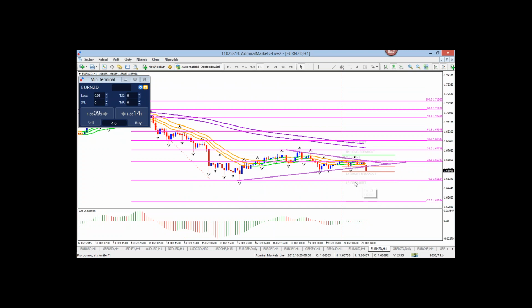So in this case, scale out at L5, lock in some pips, and leave the other half open for a larger target, perhaps at break even, or even leaving the original stop loss. It still gives a profit, but also allows for the trade to develop into a bigger win. That could be a good situation here because of the fact that they're two good targets.